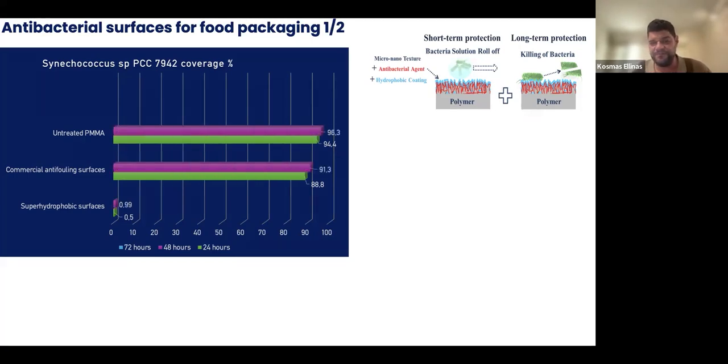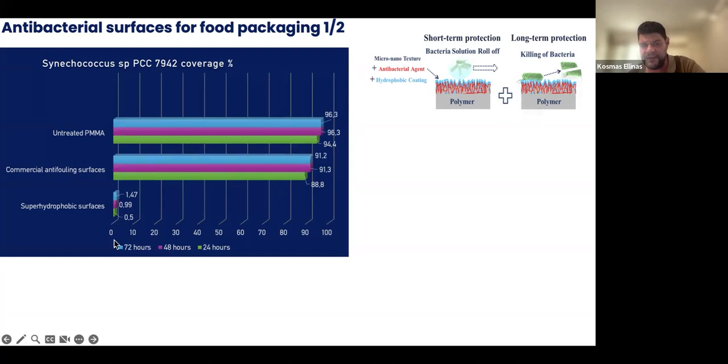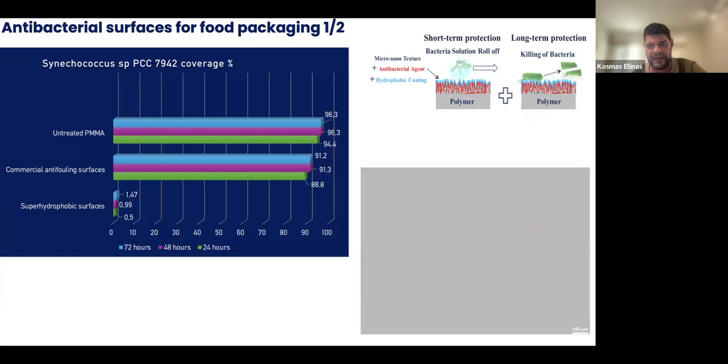Whereas if we use superhydrophobic surfaces, even after 48 hours, as you can see here, or even after 74 hours, you see that compared to these two surfaces in which the bacteria coverage percentage is really high, in the superhydrophobic surfaces, the bacteria solution is very difficult to attach. So it remains antibacterial even after immersing this kind of surfaces for 3 days inside the bacteria-containing solution.